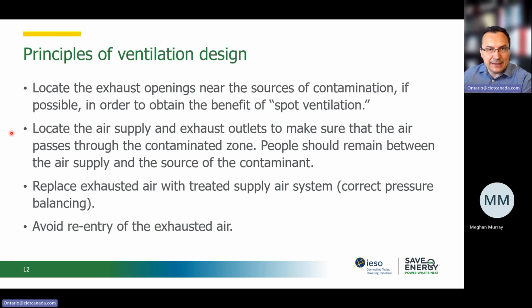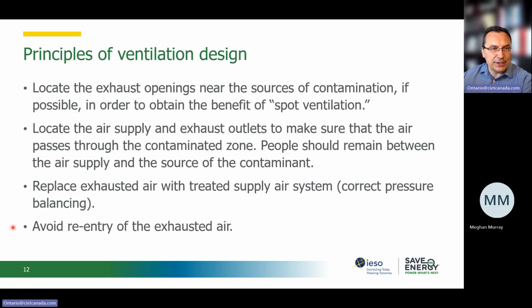So we have an airflow that moves from the supply towards the exhaust to push all those contaminants in this direction. And we improve the indoor air quality for the occupants by reducing the contaminants with the exhaust air. So as we exhaust air and bring in fresh air, we dilute those contaminants in the space.